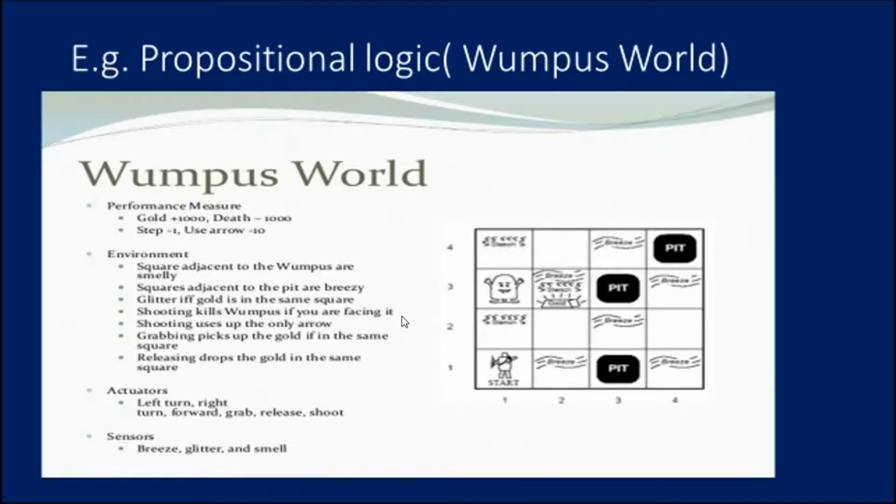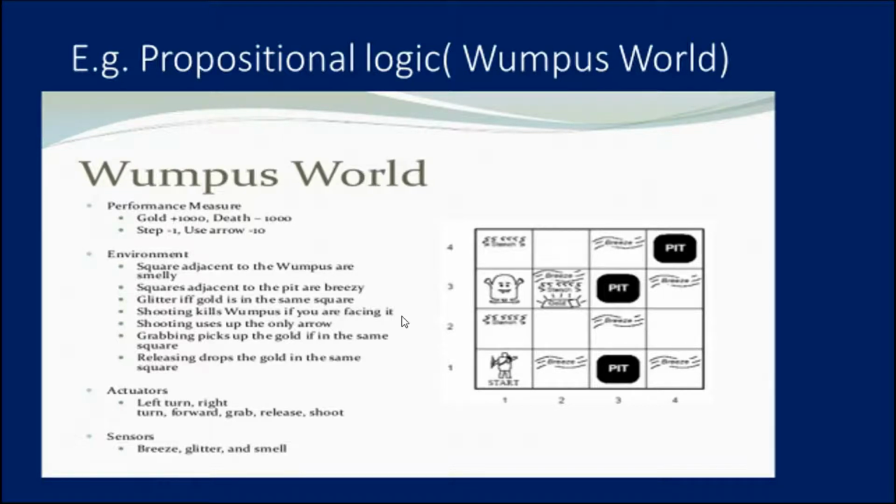The Wumpus can be killed by the agent if the agent is facing it, and the Wumpus will emit a horrible scream which can be heard anywhere in the cave. This is the example, and these are the conditions that need to be known.